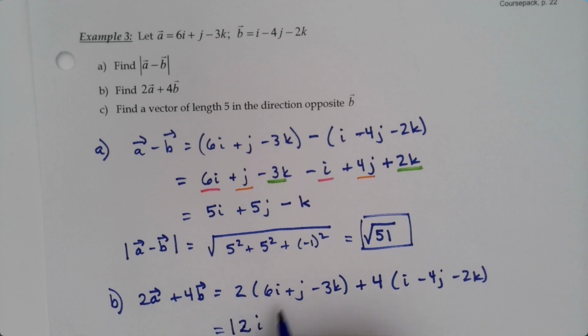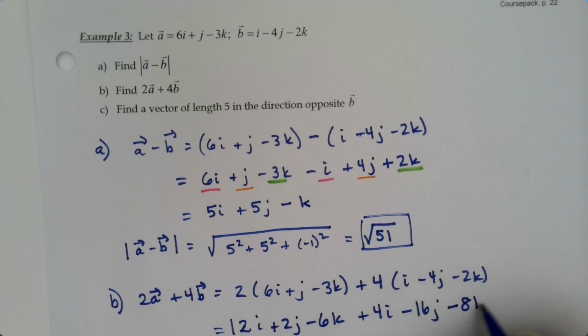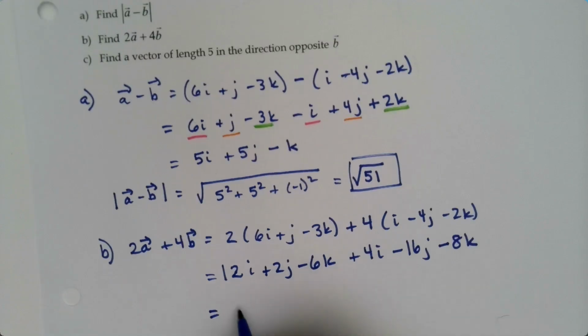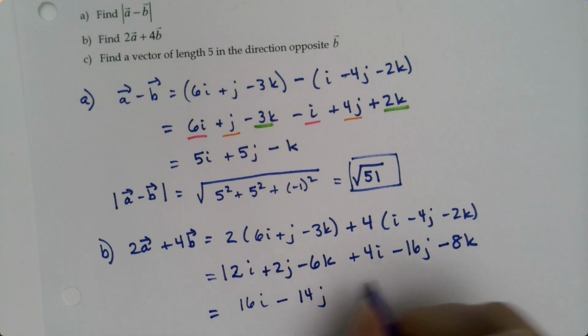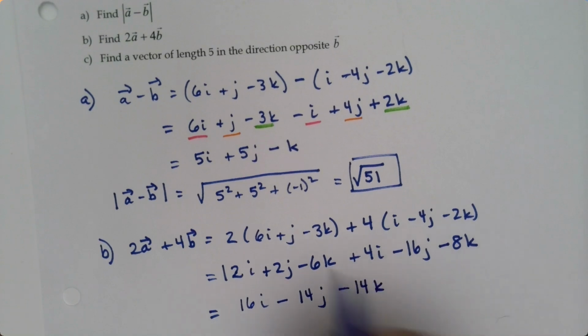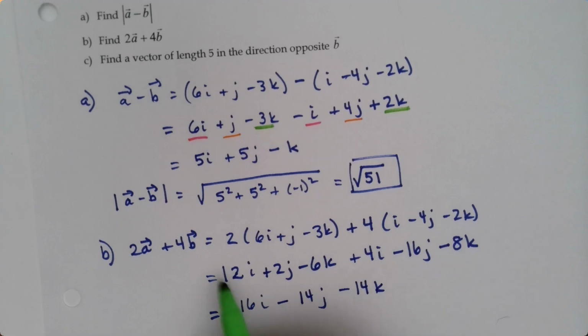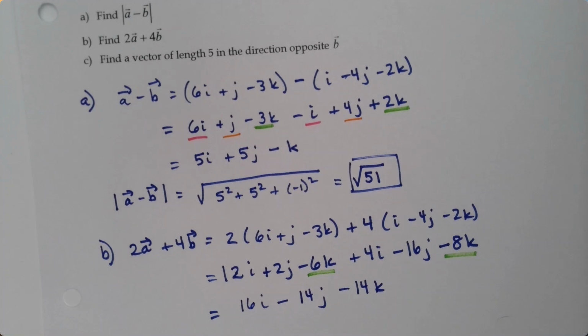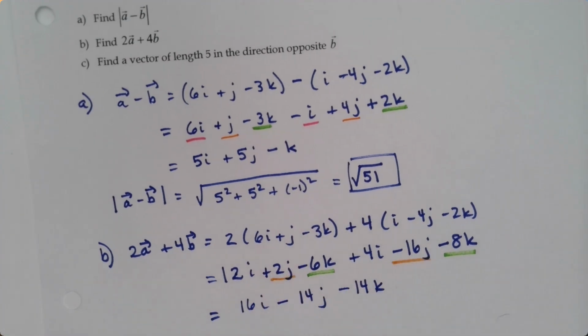So 12i plus 2j minus 6k plus 4i minus 16j minus 8k. That would be 16i minus 14j minus 14k, right? Because again, we're combining the like terms. The k's are going together, the j's are going together, and the i's are going together.